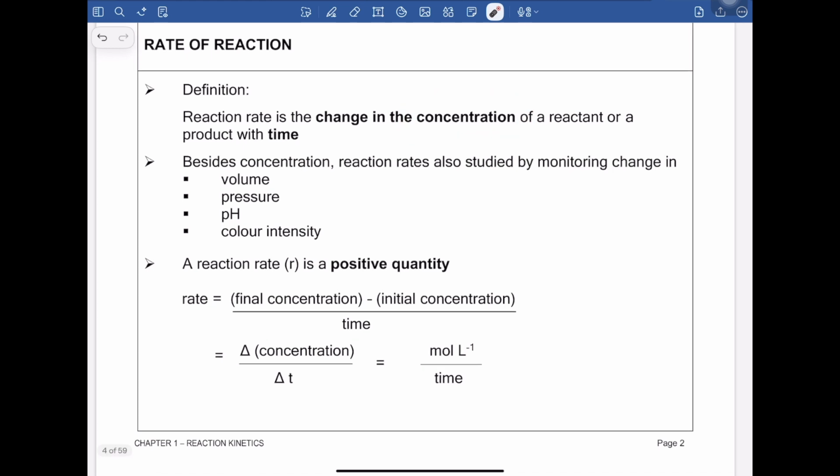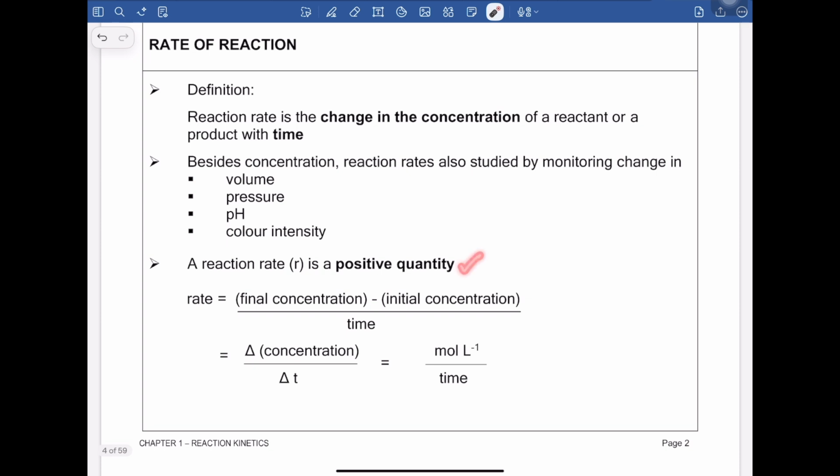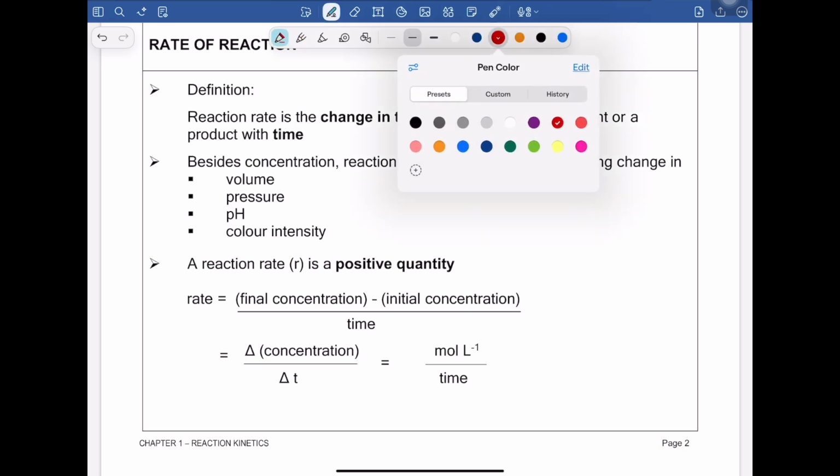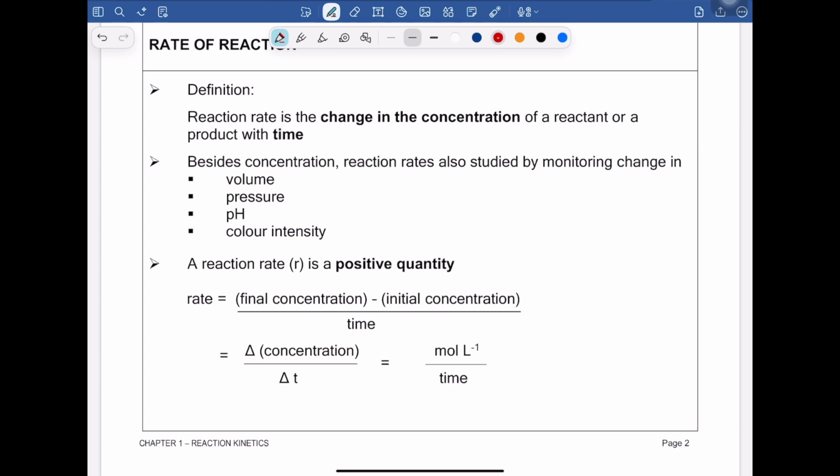It is always a positive quantity. As far as I remember, I never heard any rate of reaction in negative. And then the unit for it is mole per liter per time, or sometimes you write it as mol L^-1 t^-1, where t is time.